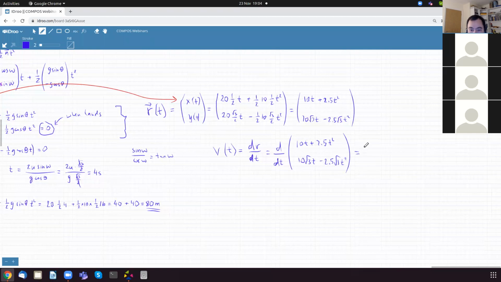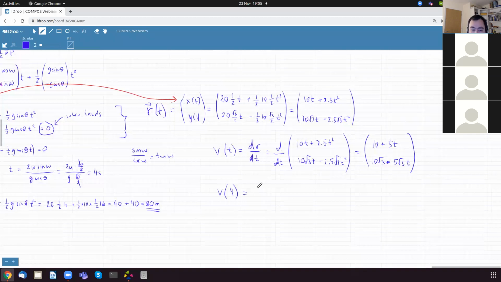And when you differentiate that, you get 10 plus 5t and 10 root 3 minus 5 root 3t, and then we need to find the speed at 4 seconds.